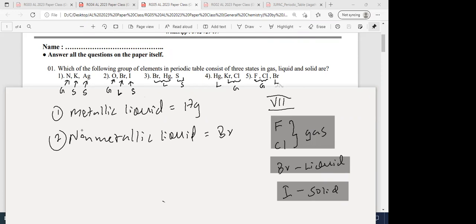Fluorine and chlorine gas, bromine liquid, iodine solid. The answer is second, right? Why did most of you put the fifth answer? The answer is second, not fifth. So in this one you get all three: solid, liquid, gas.